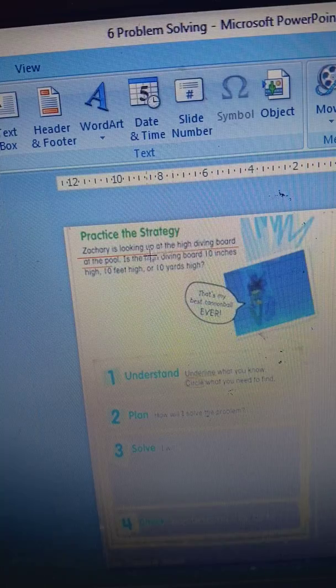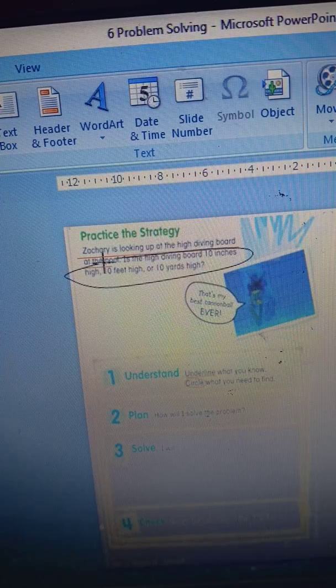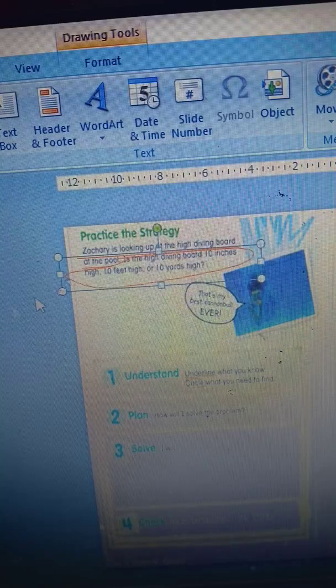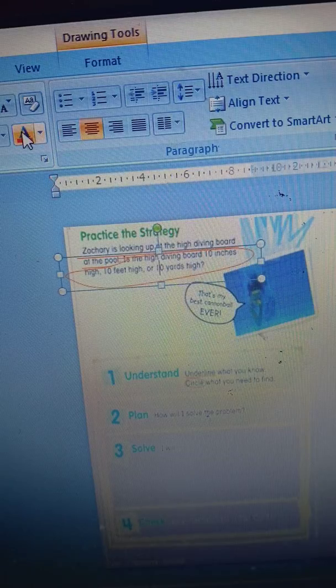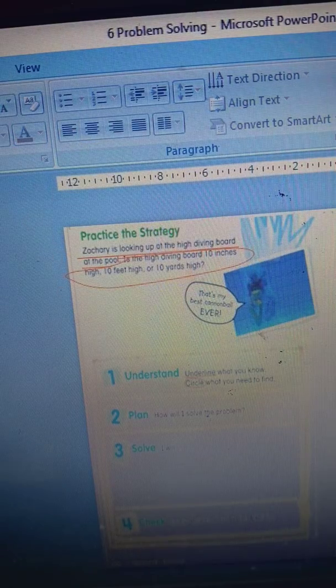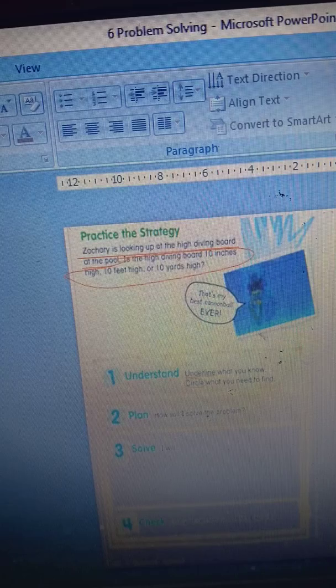Let's circle. This is the problem that we have to solve. What is the height? We have the choices already. We will see which one should be the height of the diving board. So what are we going to do?